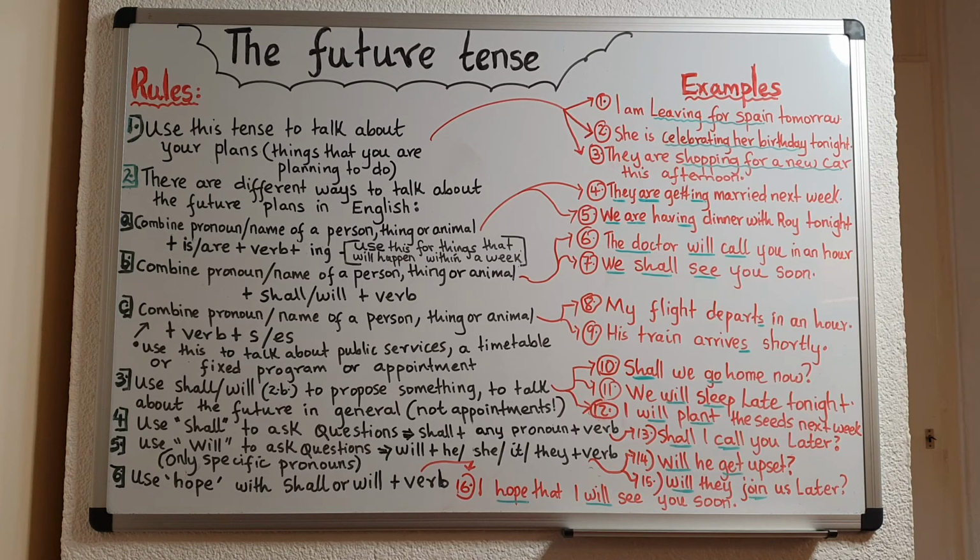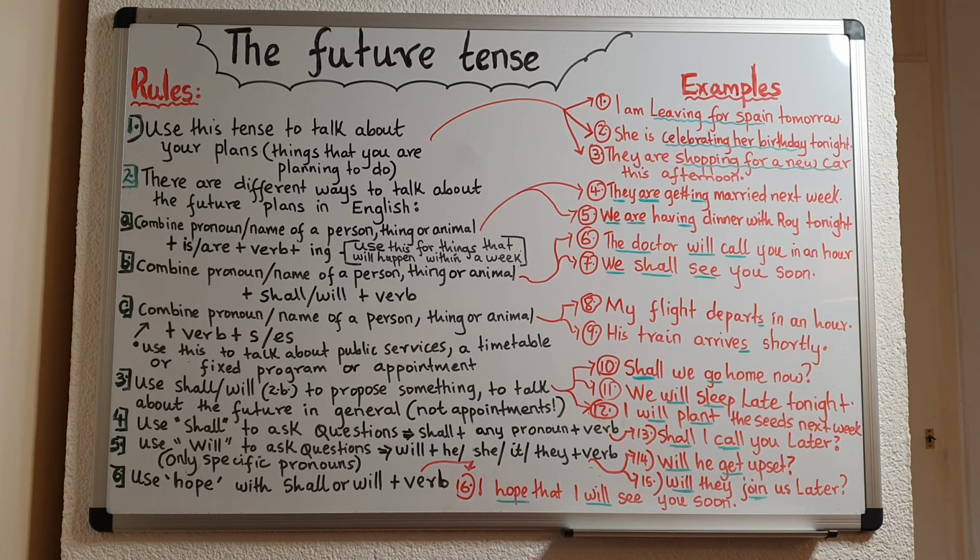So, any pronoun, she, he, they, we, you, any of the pronouns, you can combine that with shall plus the verb to ask a question. Look at example 13. Shall I call you later? So you have shall plus the pronoun I and then the verb call.